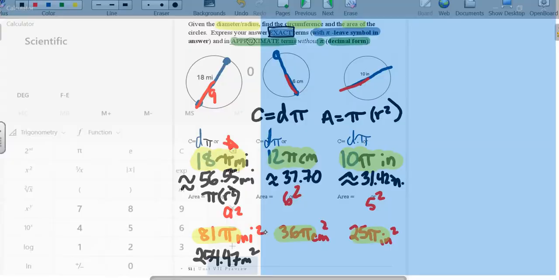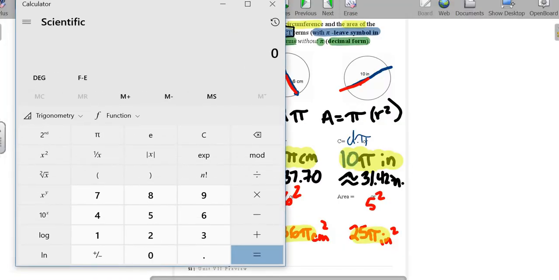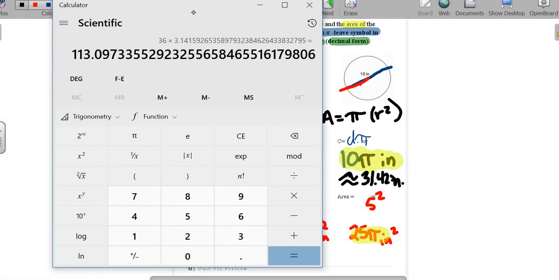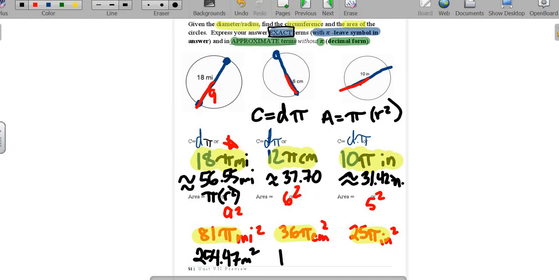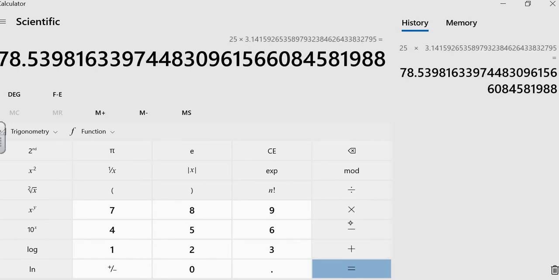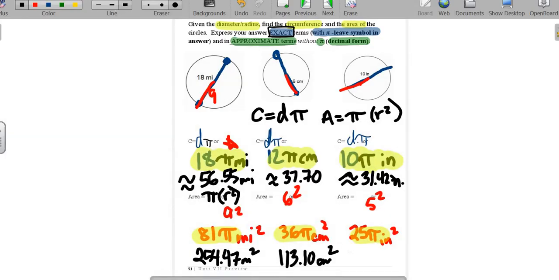This one, that's going to be 36 pi. 113.10 centimeters squared, and then 25 pi, 78.54 inches squared, and these are all approximations.